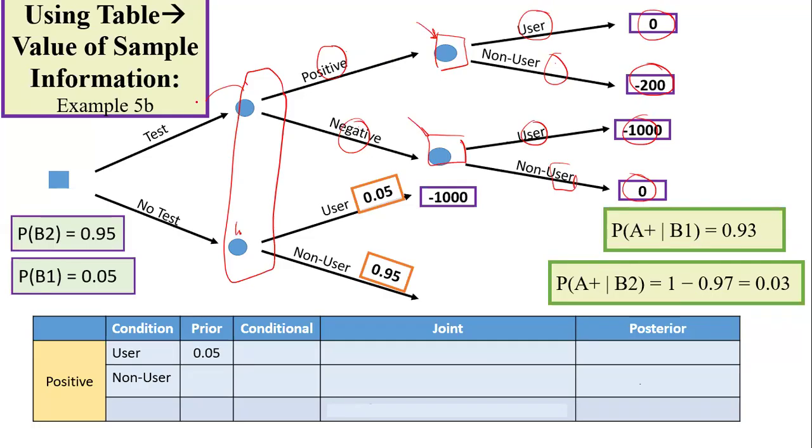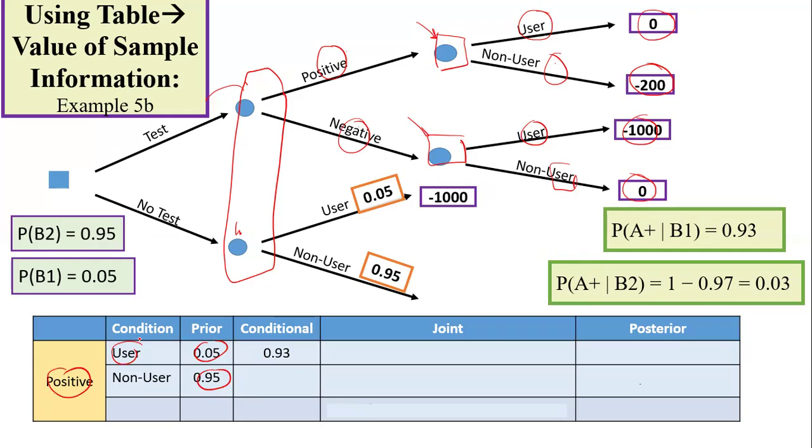So a drug user, not a drug user. Drug user, not a drug user. Okay. So I'm finding out the probabilities there. Testing positive, given that he is a drug user, is a priori probability, right? So 0.93.